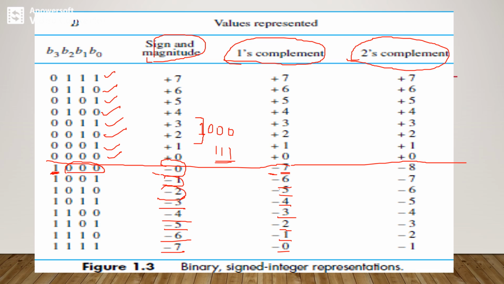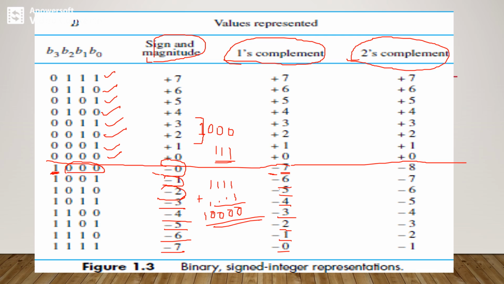That is 1, 1, 1, 1 plus 1, which gives 0, 0, 0, 0 with a carry, so it is 1, 0, 0, 0.